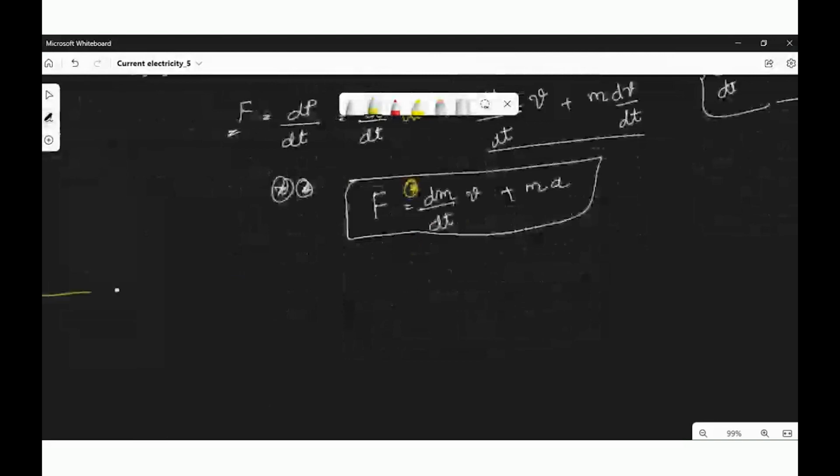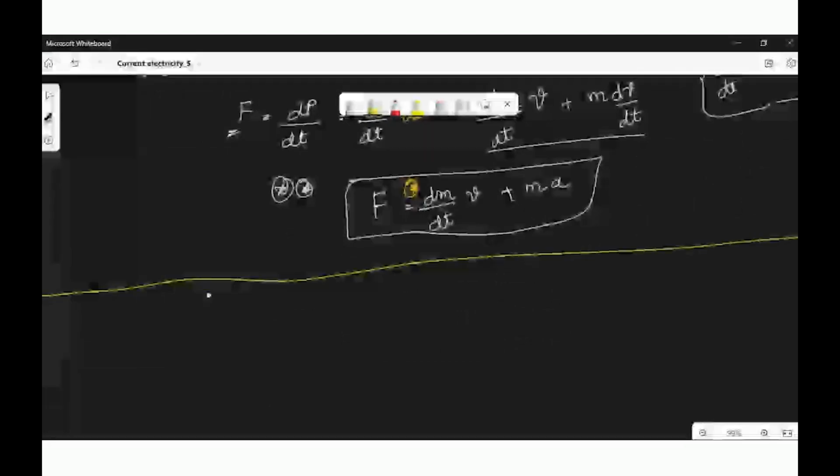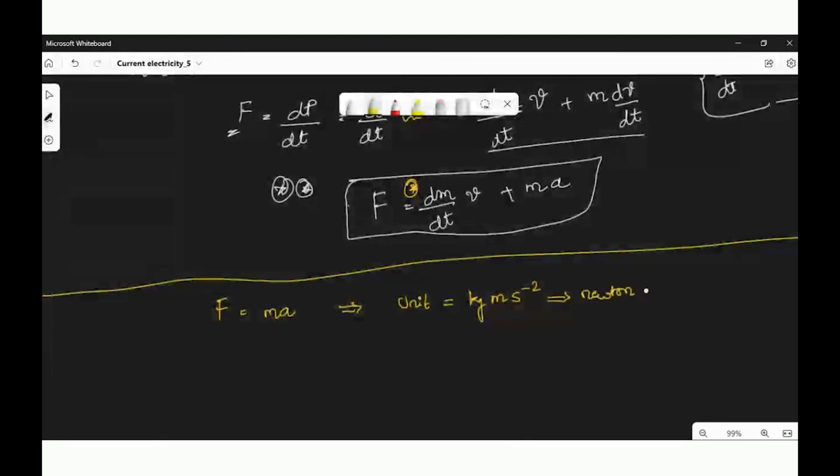Now, if I want to define the unit for force, we know that force is m into a, so what will be the unit of force? It's kg meter second minus 2, which we have labeled as Newton, represented by capital N.